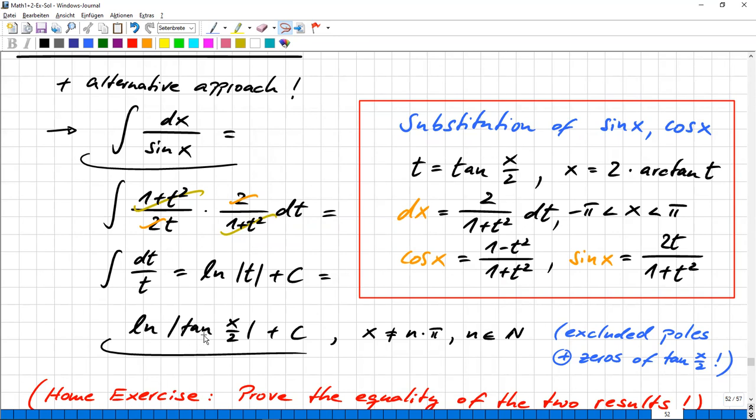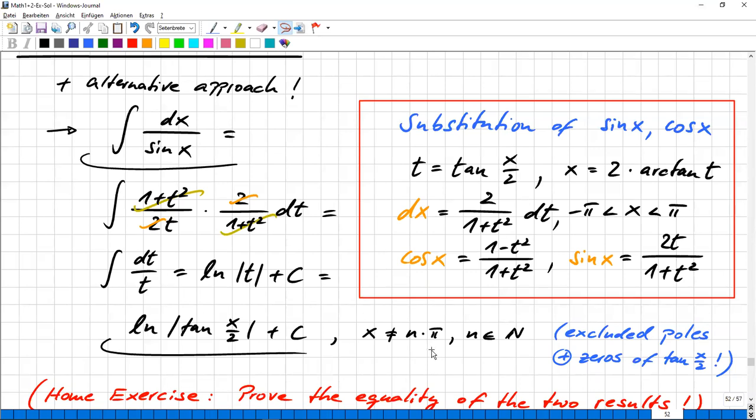But since the argument is x over 2, if I take, for example, 3 times pi for x, then I have 3 pi over 2, which is a gap for the tangent function. So that's why I take whole multiples of pi, not of pi half, firstly.